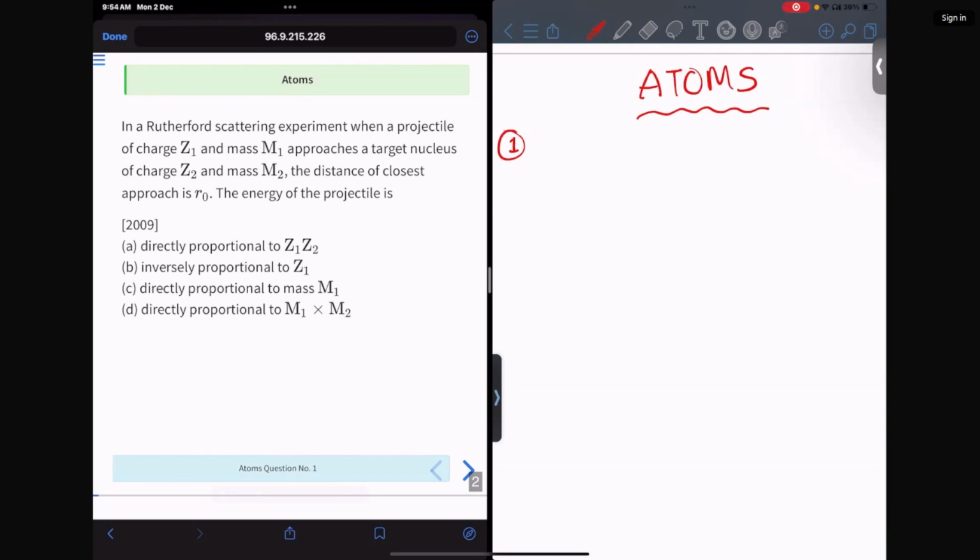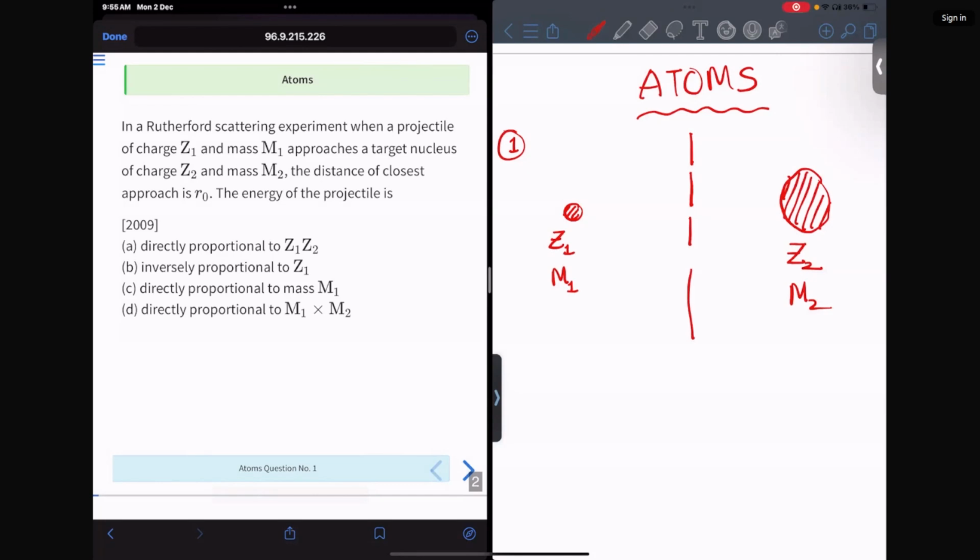This is a Rutherford experiment, Rutherford's gold foil experiment. It's a gold foil. When a projectile of charge Z1 and mass M1 is approaching a target nucleus, this is the target nucleus, which has a charge of Z2 and mass M2.